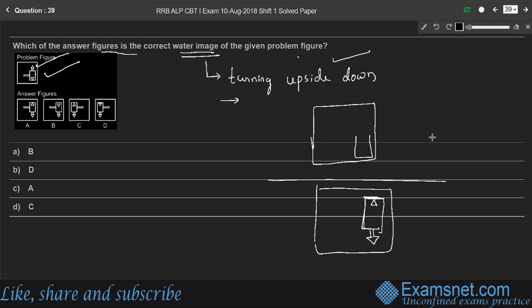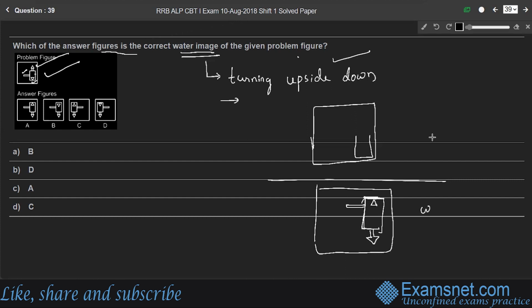And here is a small rectangular bar to the left, very near to the small triangle, and in its image the small rectangular bar will also be very near to the triangle.